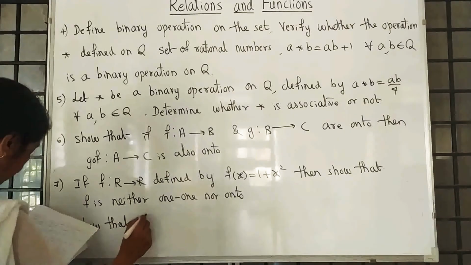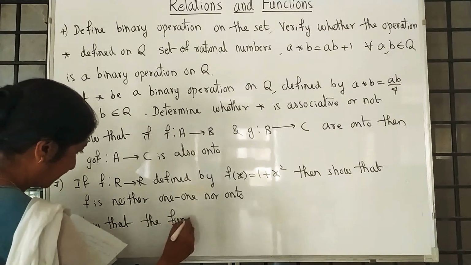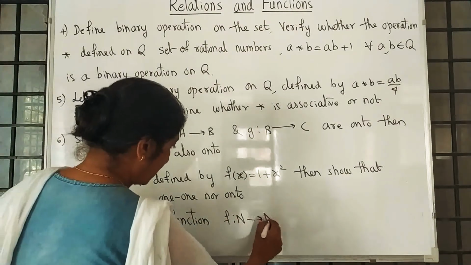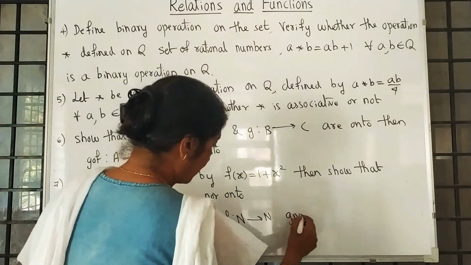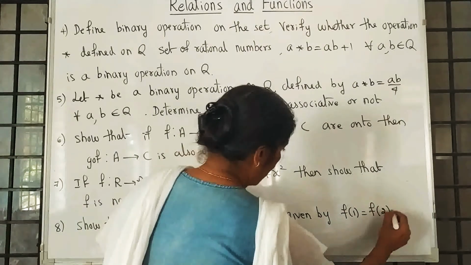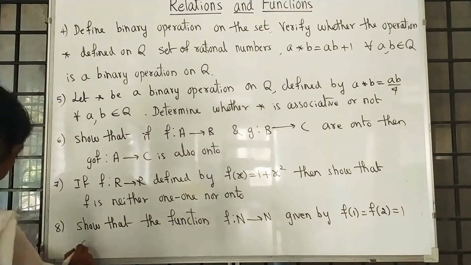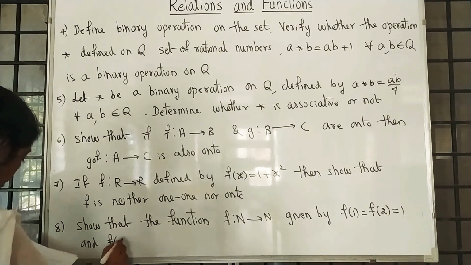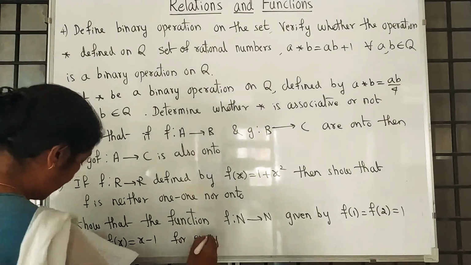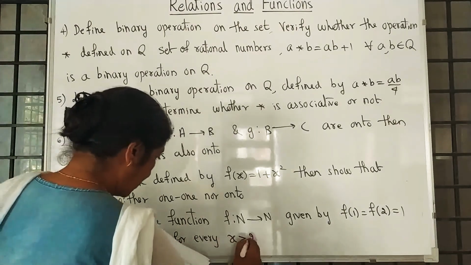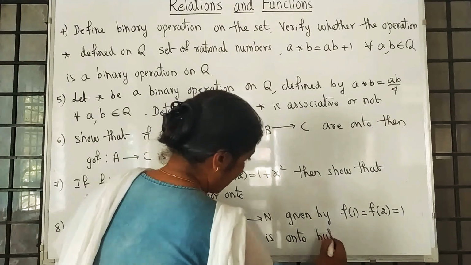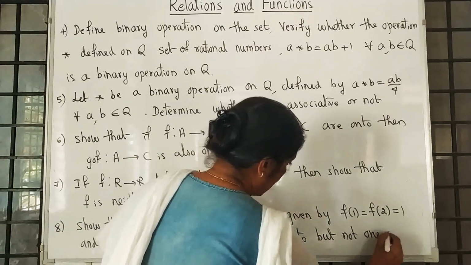Show that the function f from N to N given by f of 1 is equal to f of 2 is equal to 1 and f of x is equal to x minus 1 for every x greater than 2 is onto but not 1 1.